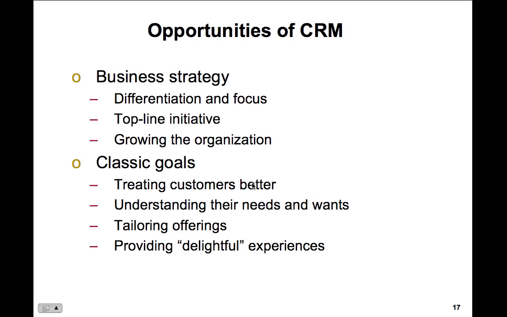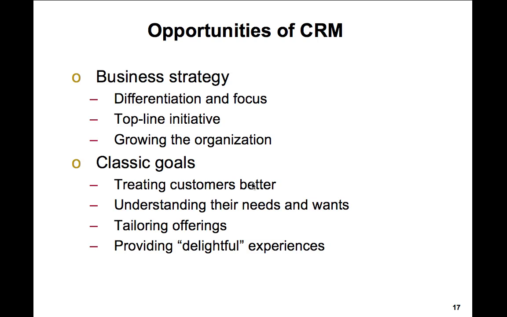So opportunities. And again, not every company is doing the same thing, although as a consumer, I can tell you I've seen the same stuff over and over again. It's just a matter of time before everybody else catches on and does the same thing. In terms of business strategy, differentiating and focus is where you've got opportunities to apply technology to make yourself a little bit different.